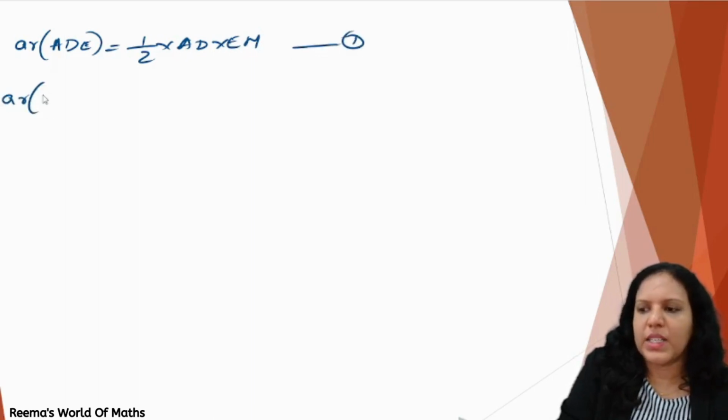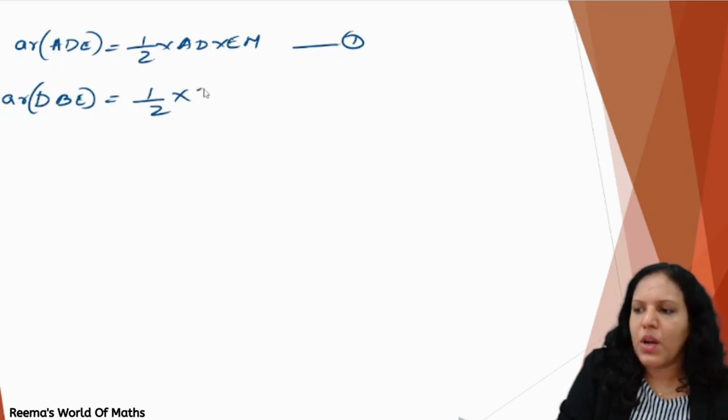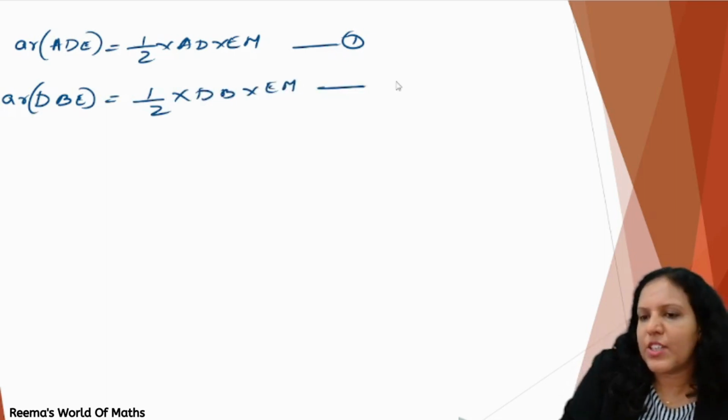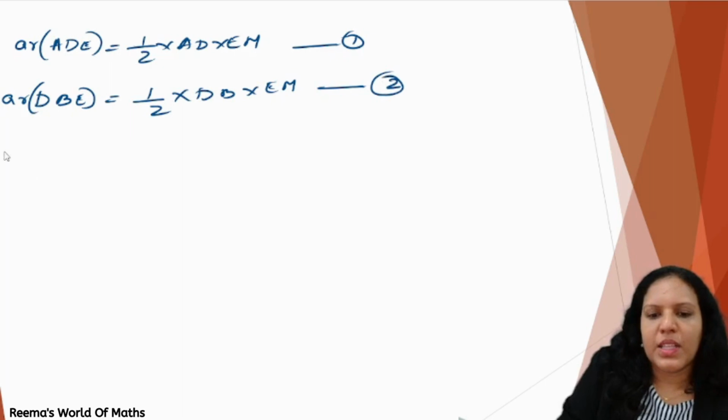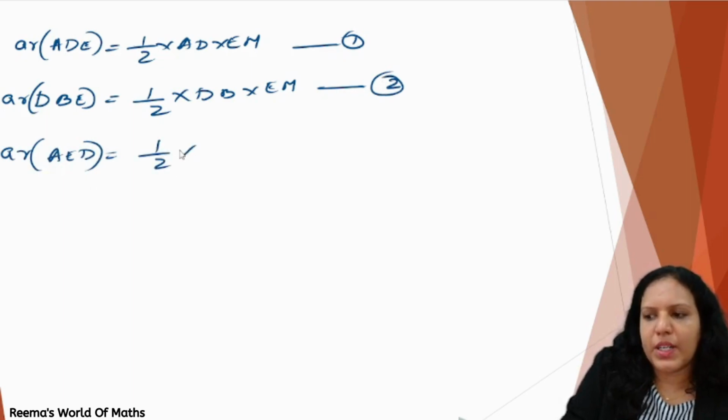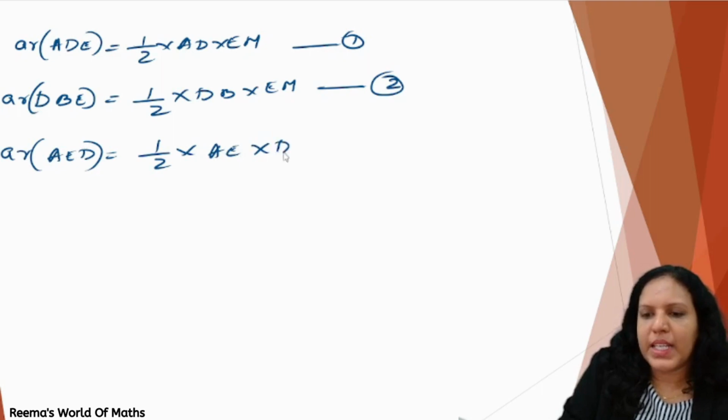Area of triangle DBE equals 1/2 into DB into EM, which is equation number 2. Then third one, area of triangle AED equals 1/2 into AE multiplied by DN, which is equation number 3.